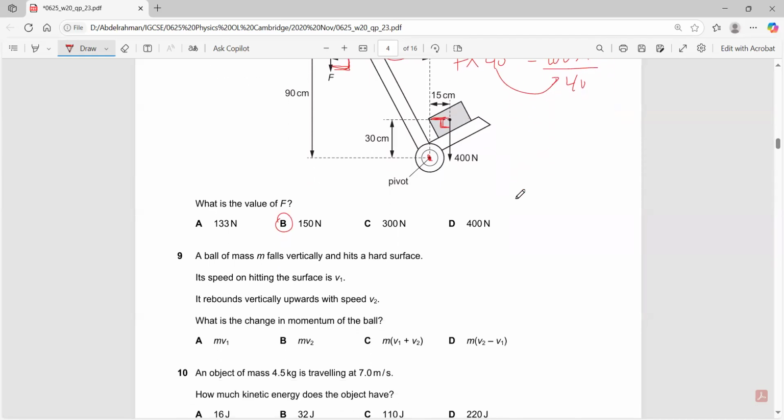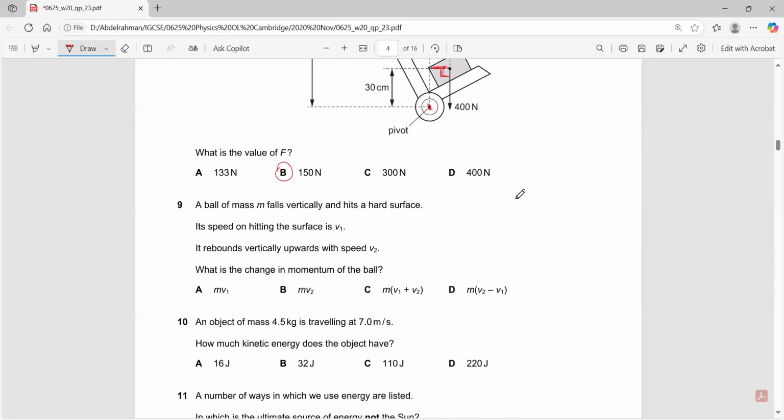A ball of mass m falls vertically and hits the surface. Its speed on hitting the surface is v1. It rebounds vertically upwards with the speed of v2. What is the change of momentum? If you chose D, it would be wrong. Why? Because as it moves upwards or downwards, the velocity changes, the direction changes.